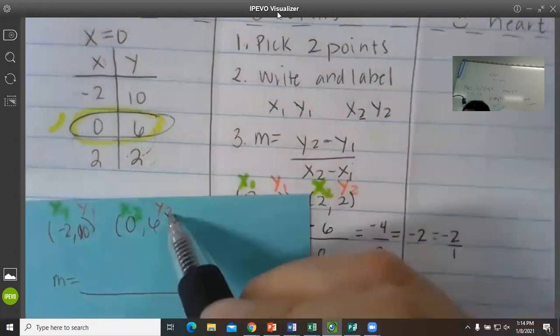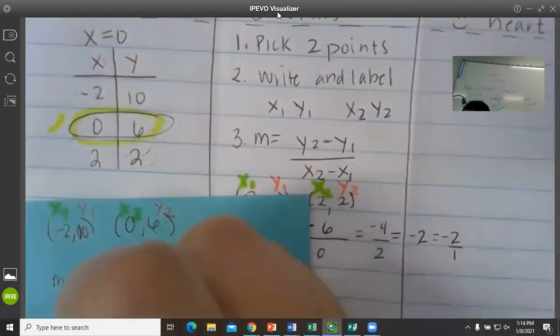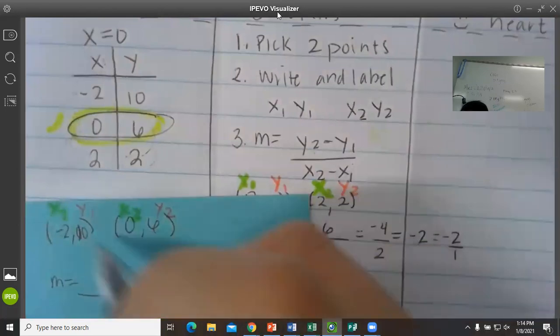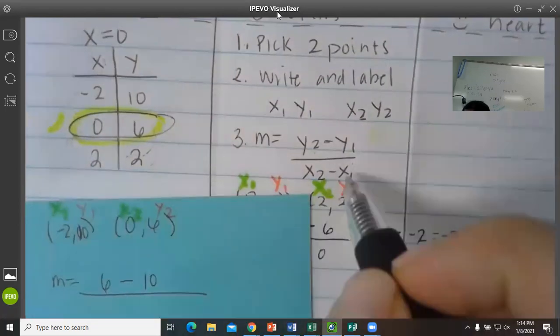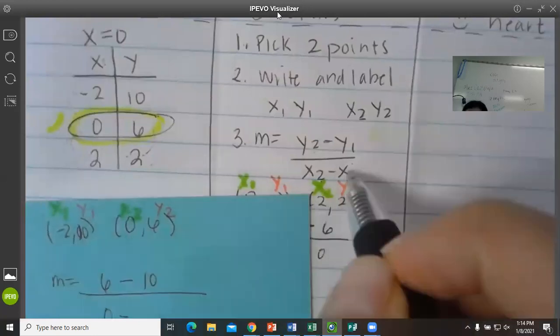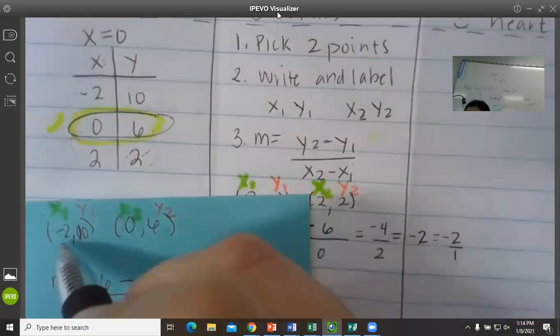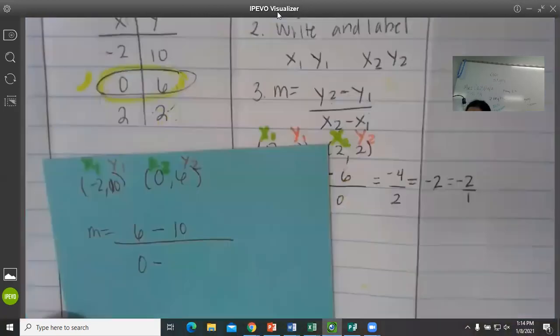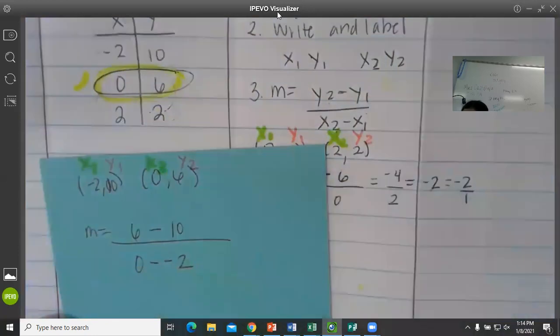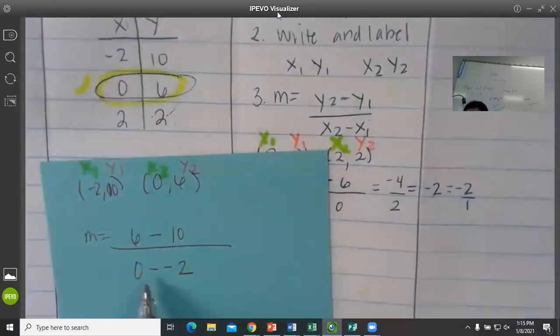y2 is 6, minus y1 is 10, x2 is 0, minus x1 is -2. So that means I write minus a -2. This minus is minus.